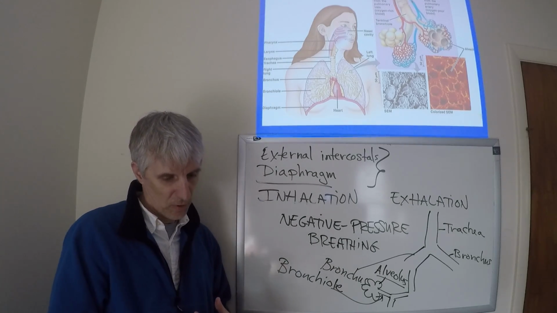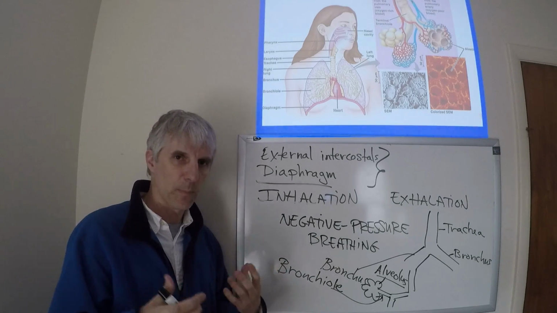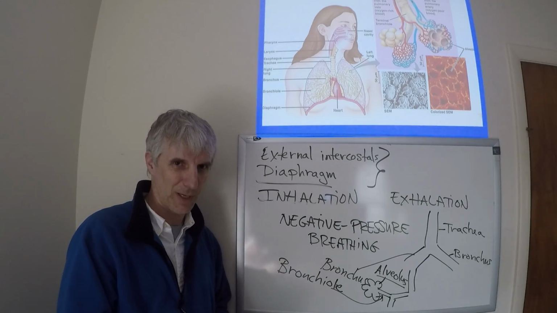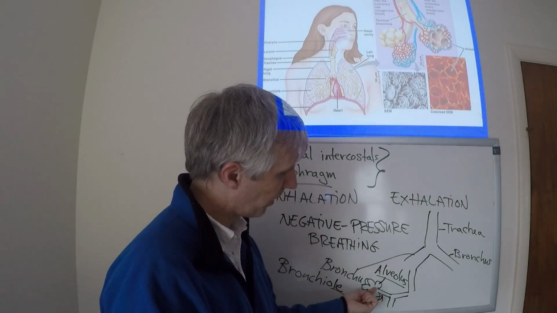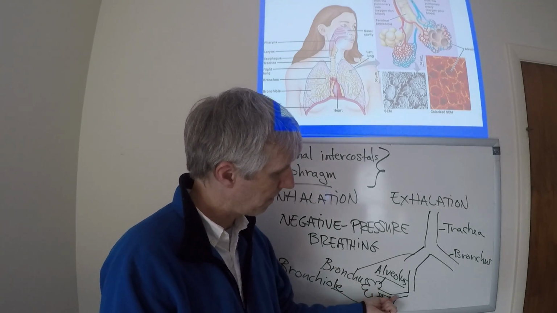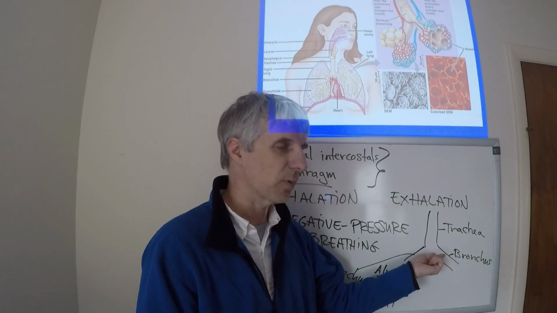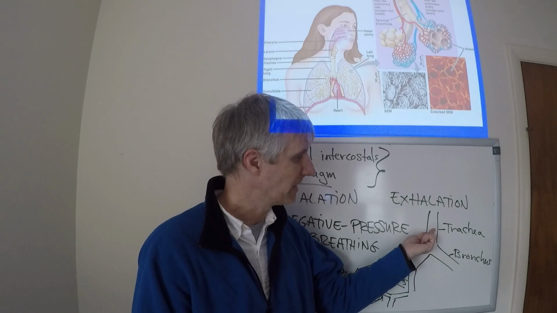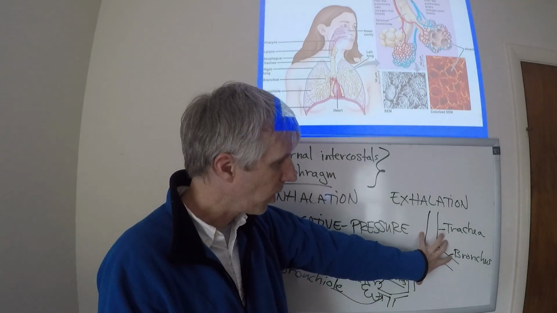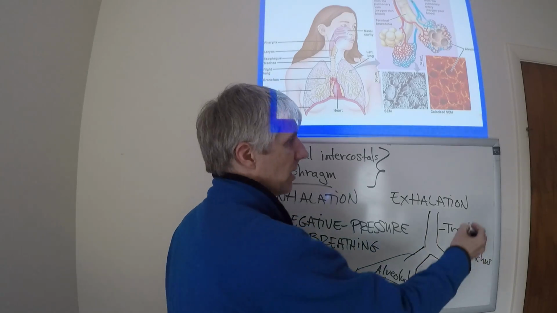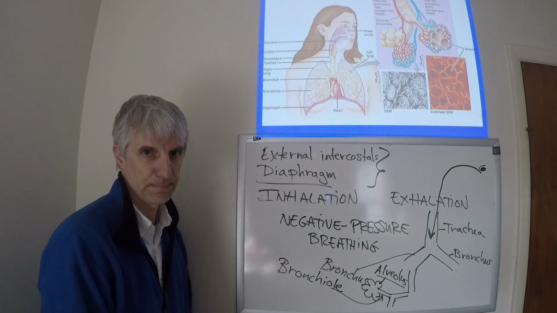Now, like I said, when you increase the volume of the thoracic cavity, you're decreasing the pressure. So if I decrease the pressure inside an alveolus, I decrease the pressure inside the bronchiole, the bronchus, and the trachea, because the low pressure in all of these is what moves air from the outside down into the system.